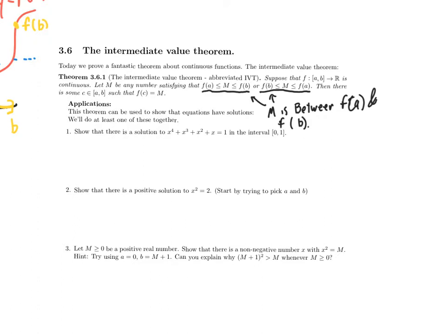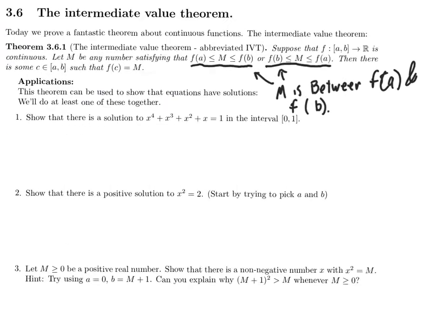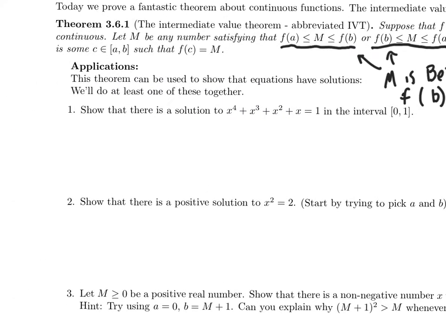So let's prove that this equation has a solution: x to the fourth plus x cubed plus x squared plus x is equal to 1. I claim that has a solution in the interval from 0 to 1. Well, let's go ahead and do it. Take f(x) equal to x to the fourth plus x cubed plus x squared plus x. I'm looking for a solution somewhere between 0 and 1.